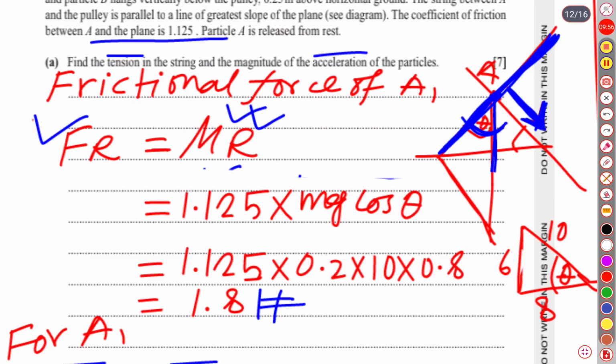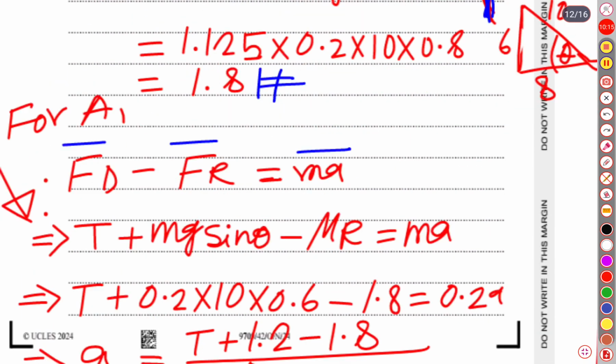Tension is a driving force. And another driving force is our weight. Weight is also acting as a driving force, causing it to slide downward. So two driving forces have been found for particle A: one is tension, the other is the force caused by weight. Now you may ask how it can be driving, I mean mg sin theta.